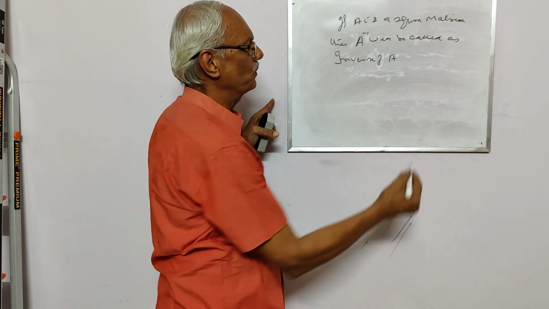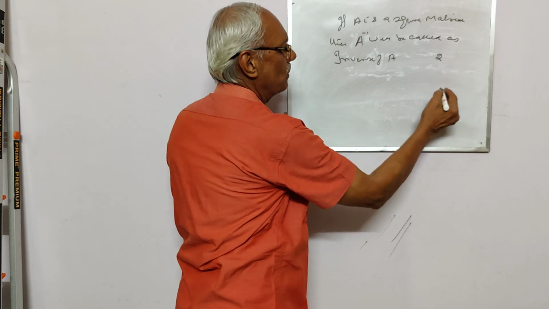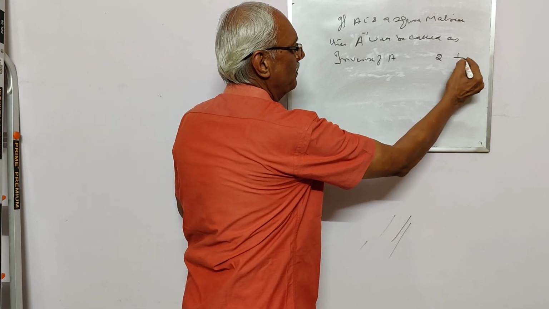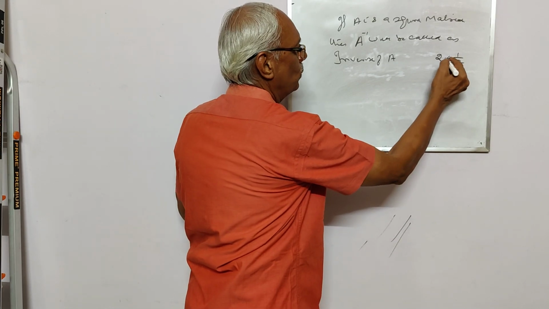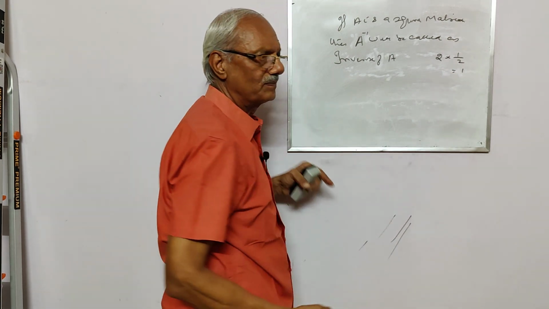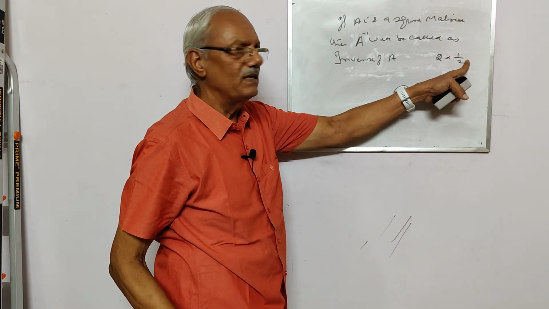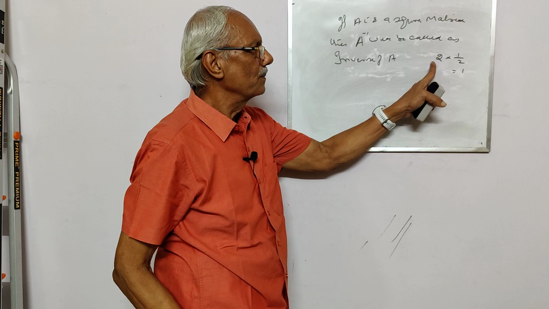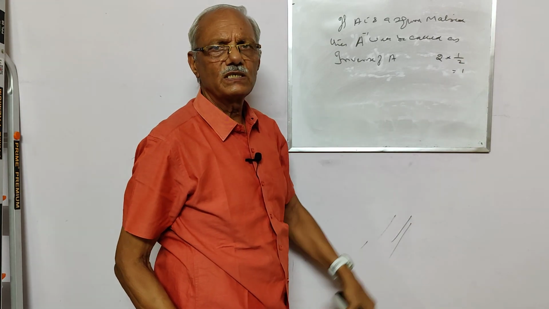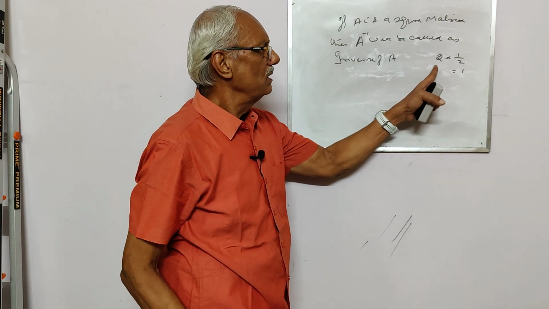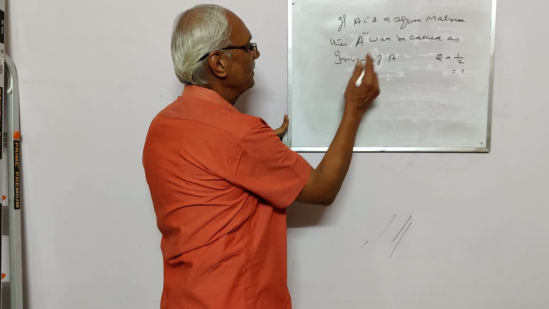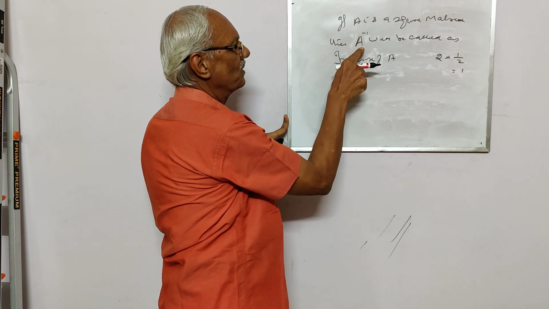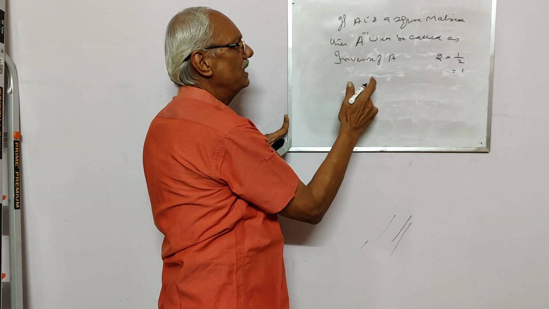It's a very simple idea. Suppose 2 is a number. What is the multiplicative inverse of 2? 2 into 1 by 2 is equal to 1. This is called the multiplicative inverse. If 2 is a number, its inverse is half. Likewise, if A is a matrix, A minus 1 is its inverse.